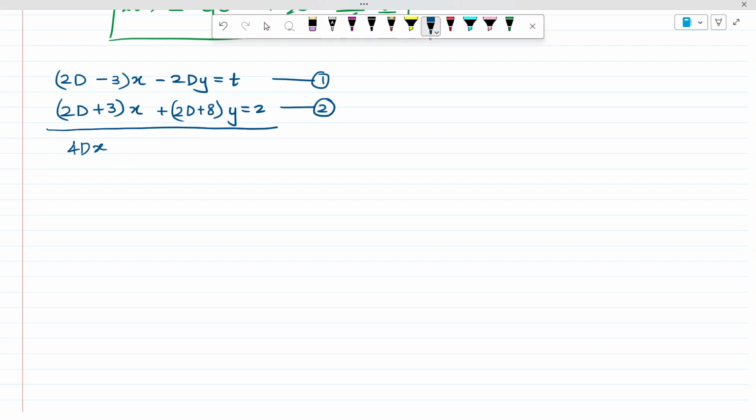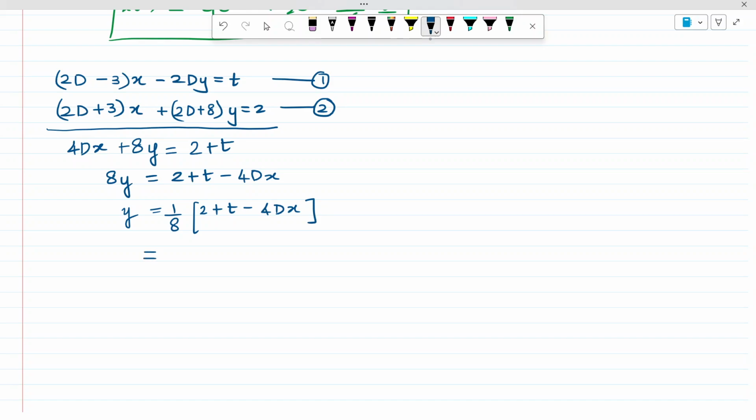The minus 3 plus 3 gets cancelled, and the minus 2D and plus 2D gets cancelled. I'll be left with plus 8y equals 2 plus t. So 8y is equal to 2 plus t minus 4Dx, so y is equal to 1 over 8 times (2 plus t minus 4Dx).